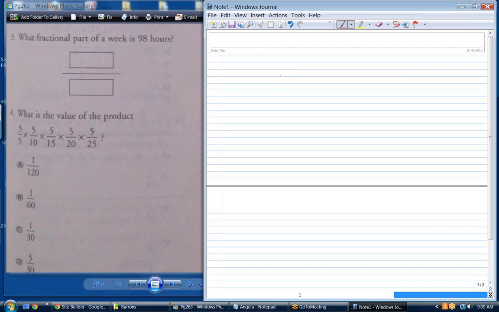So how do I want to write this? I'm not sure. I'll probably do 168 hours for a week. Then that creates perhaps a problem in reducing that fraction.